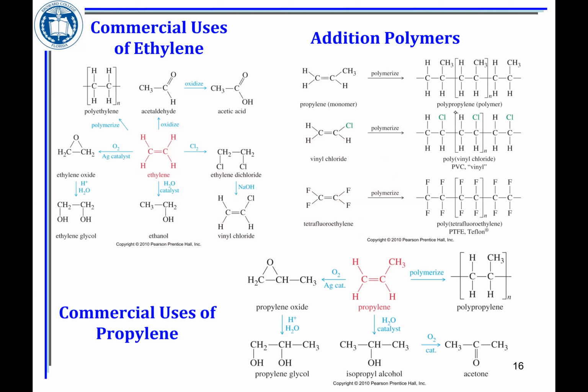Some of the uses of the alkene is you can oxidize it, you can reduce it, because you have a carbon-carbon double bond here, and a double bond is made of one pi bond and one sigma bond. It's very easy to break that pi bond. If you break a pi bond homolytically, it's going to give two free radicals.